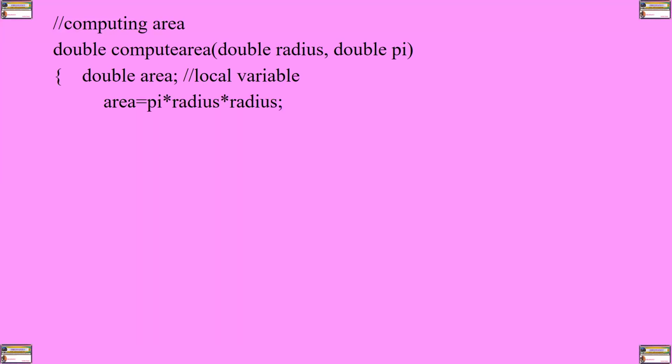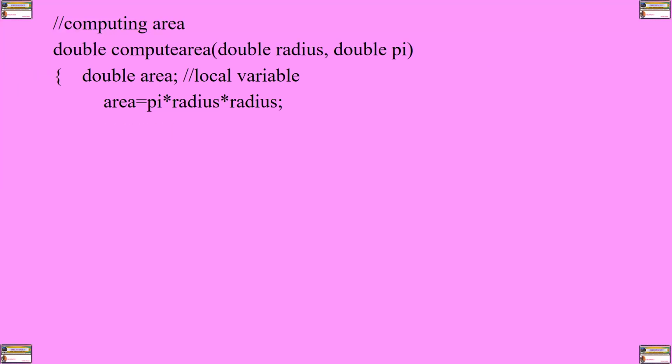In other words, this statement is telling the processor to pick the value in the parameter called radius, multiply by itself, and then multiply the result with the value in the parameter called pi, and assign the overall result to the local variable called area.